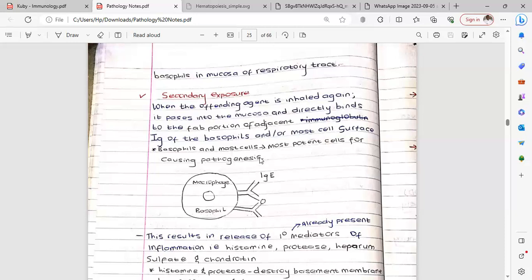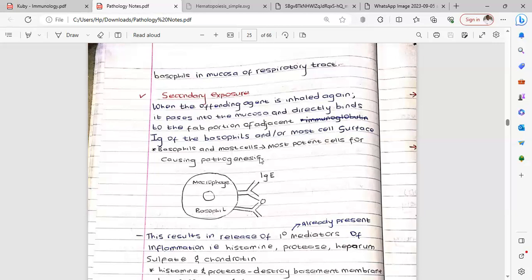So their body does not know what pollen is. The first time this patient inhales pollen, it will go to the lungs, and that pollen will be degraded and identified as an antigen.